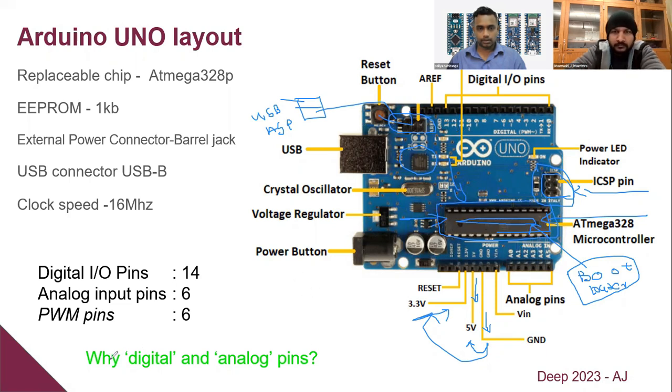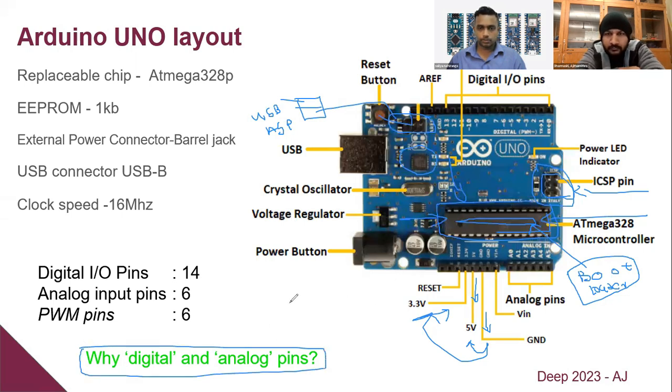Now, if we talk about digital and analog pins, digital pins only output ones and zeros. It means on and off. So if we want something in between, like if you want to dim a light, then you will have to use analog pins.